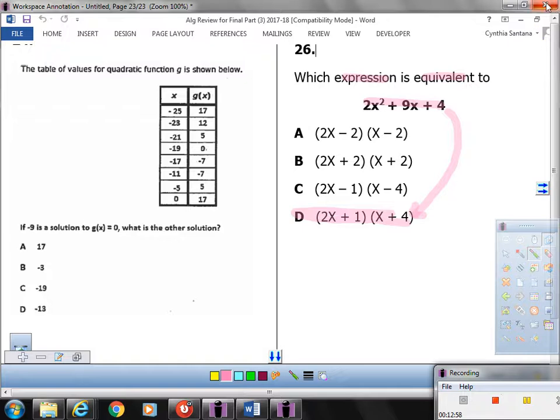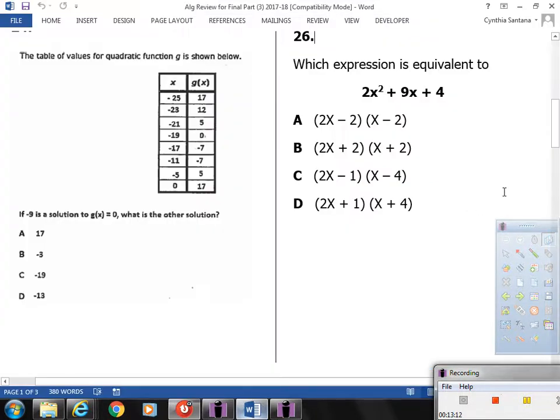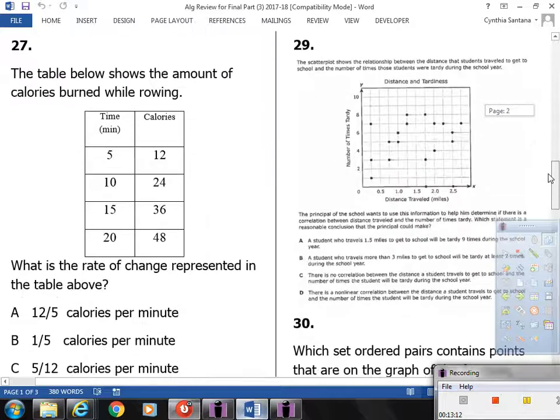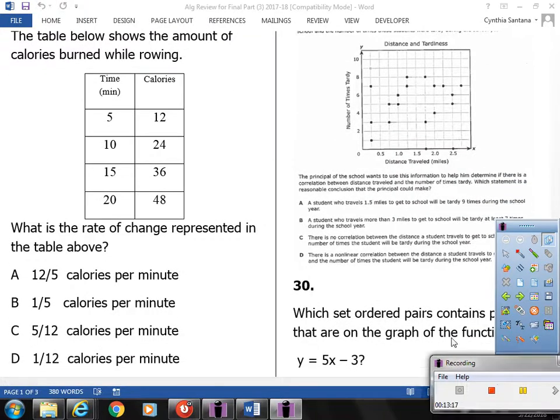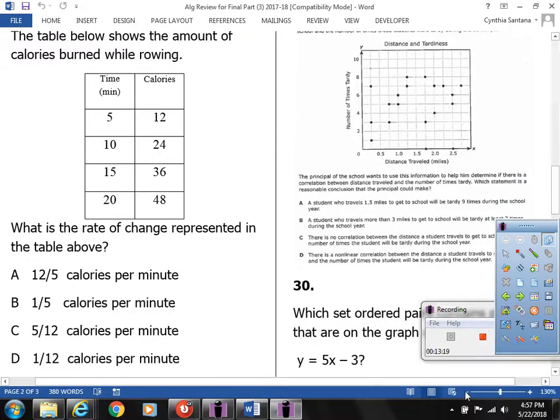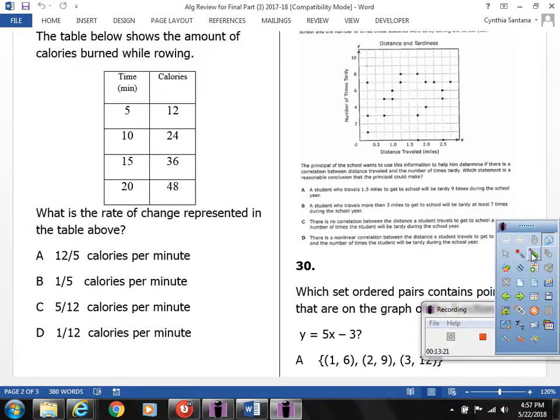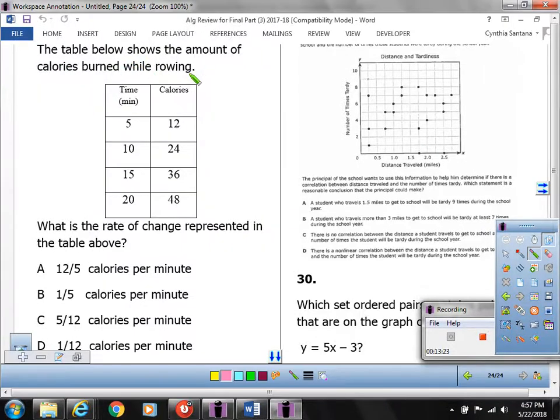Okay? Alright, so let's look at number 27. 27 says, the table below shows the amount of calories burned while rowing. So they give you the time, minutes, and then the calories you're burning. What is the rate of change represented in the table above?